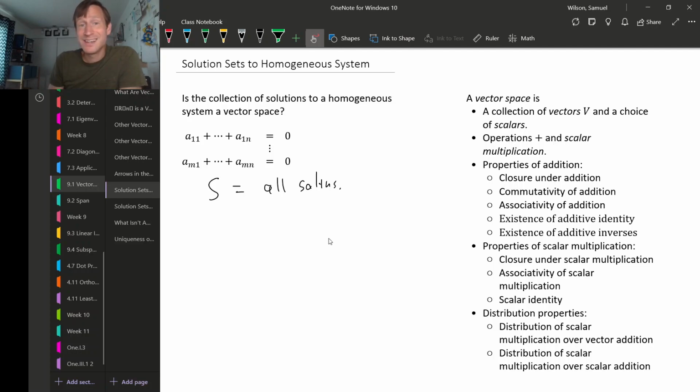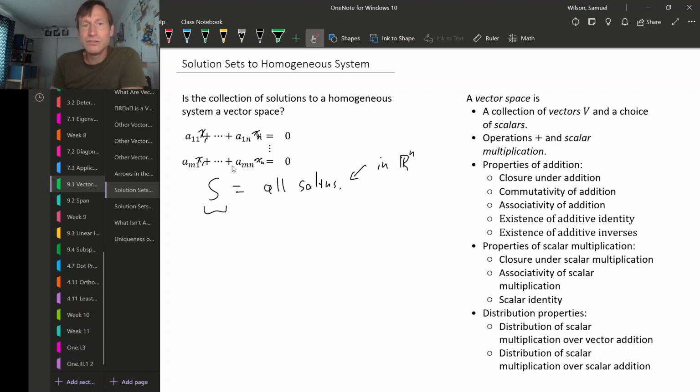We could ask, is this collection a vector space? So one thing that we'll have to notice is what kind of objects are all solutions. Because I'm missing all of my x's here, I need my variables to have a system of equations. The things in S are all vectors in Rn, right?